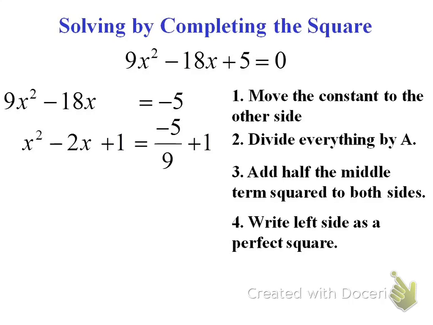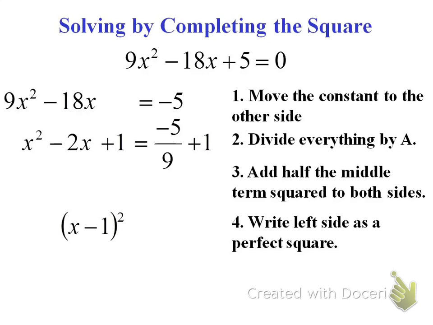The next step is to write the left side as a perfect square. That's what we were just practicing. How would I write the left side as a perfect square? How would you factor it? Yeah, multiply, add. So what multiplies to 1 and adds to negative 2? Negative 1 and negative 1.